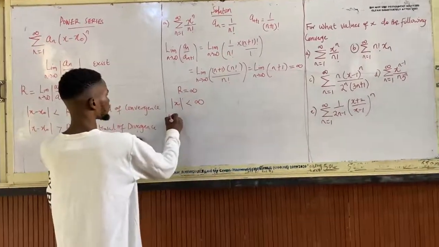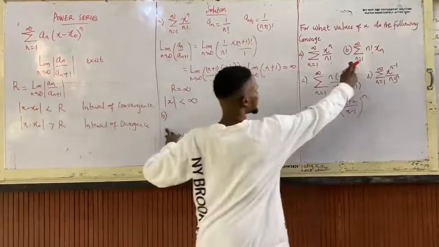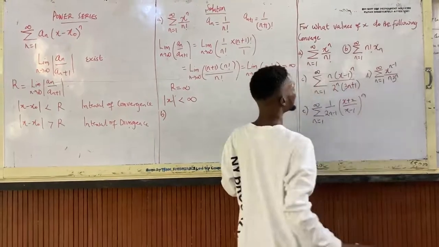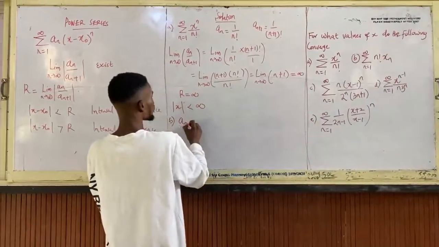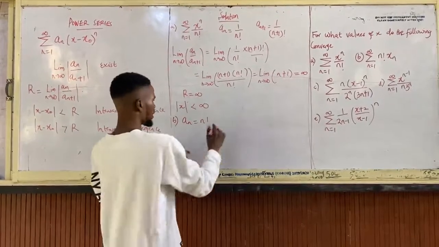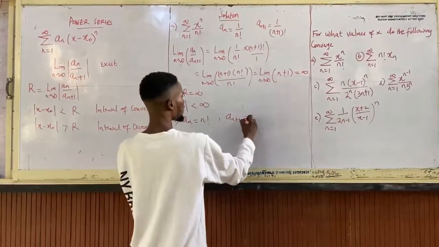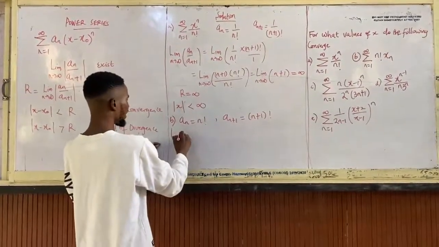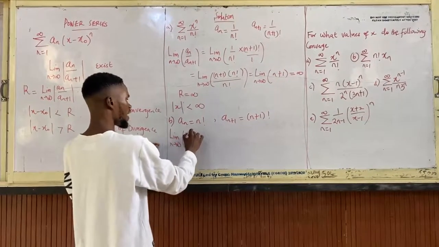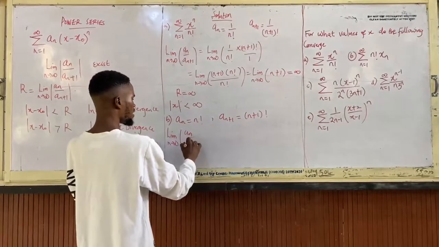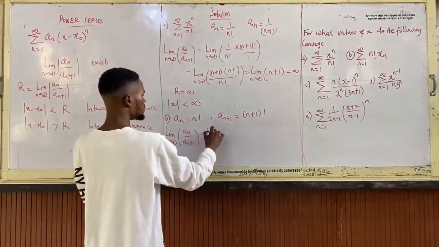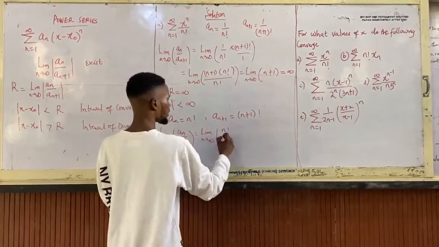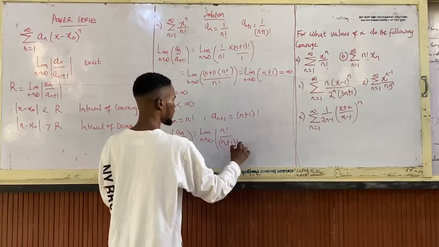Now the second one. This is n factorial times x to the n. So we take our an to be n factorial. That means our an plus 1 will be n plus 1 factorial. So we take the limit as n tends to infinity of an over an plus 1, that's the limit of n factorial over n plus 1 factorial.